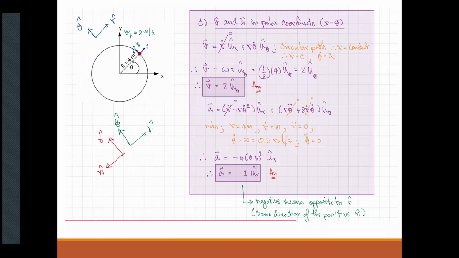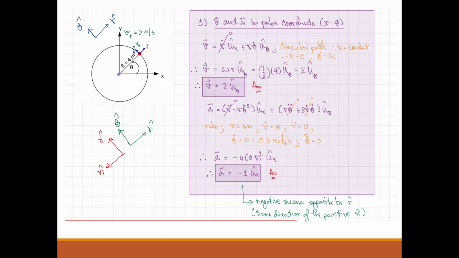For the next coordinate system, we work with r theta. It's just a little bit different from normal and tangential coordinates. For the polar coordinate system r theta, the directions are not like normal and tangential. This is the center of curve, and the particle is over here.